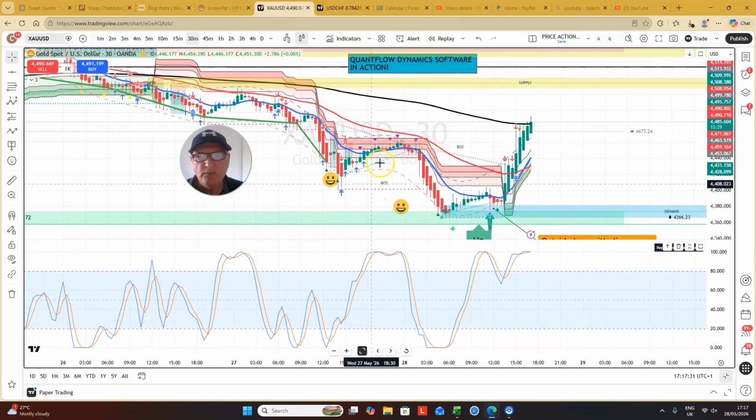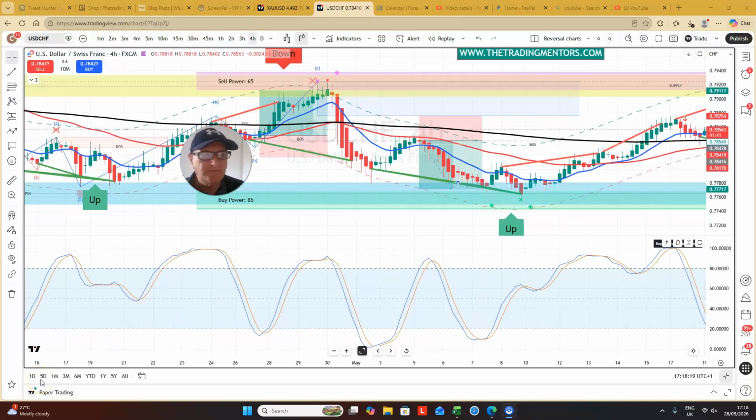Now you can see here where the price is coming up into this area, as an example, and then it breaks down below the blue line. Okay, and that is your profit there, and so on and so forth. So let me show you this on a different time frame.